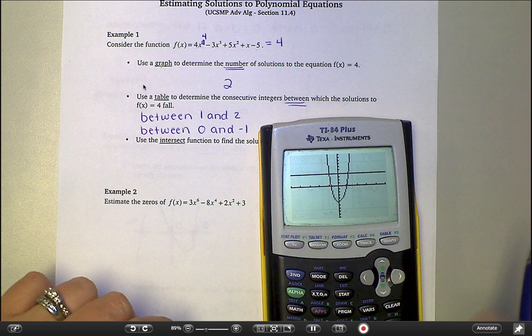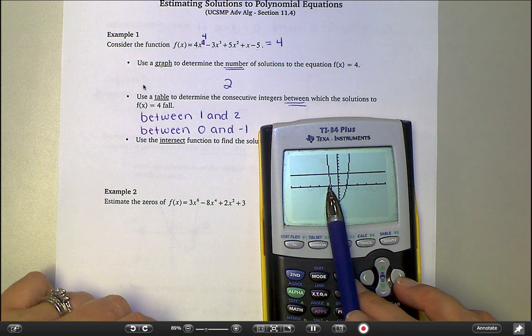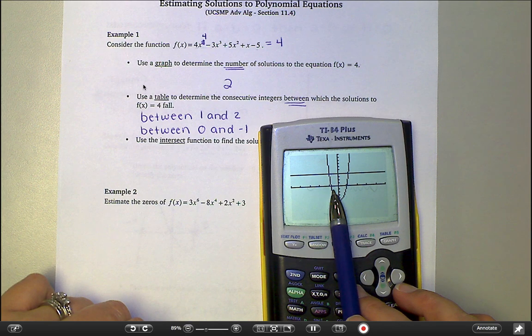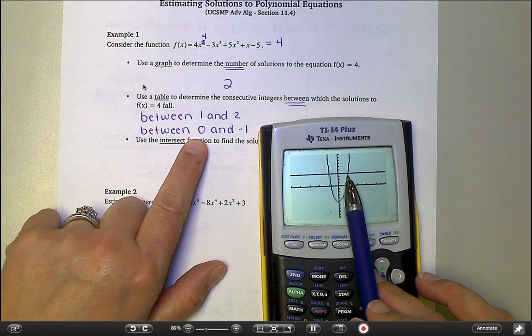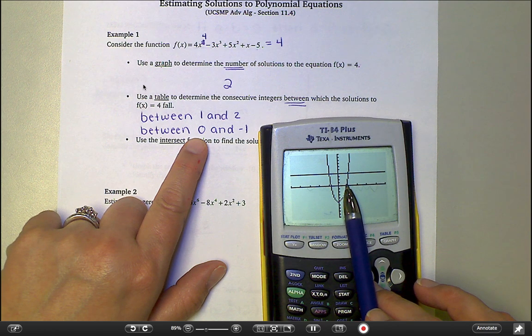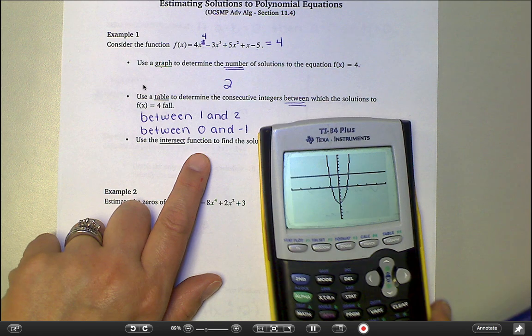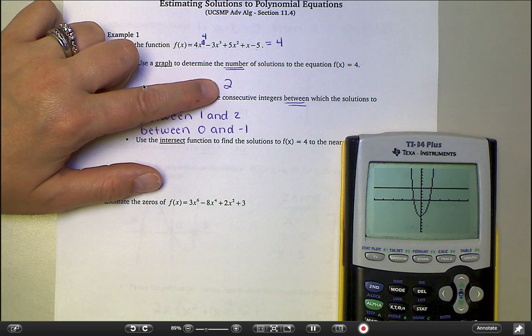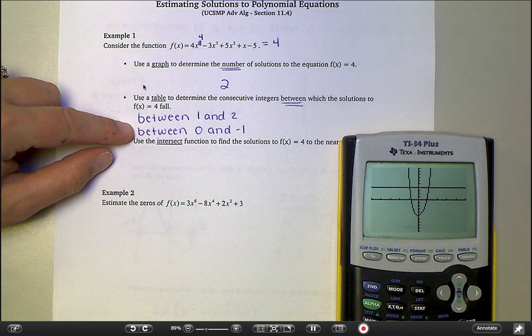Okay, and if I look at my graph again, this one here does appear to be between 0 and -1, a lot closer to -1, but it's between 0 and -1. And this one is just past the 1, so this would be between 1 and 2. Okay, so I found how many there were, right? And then it asked me to be a little more specific and say where they were located in general. And I said it's between this and this.